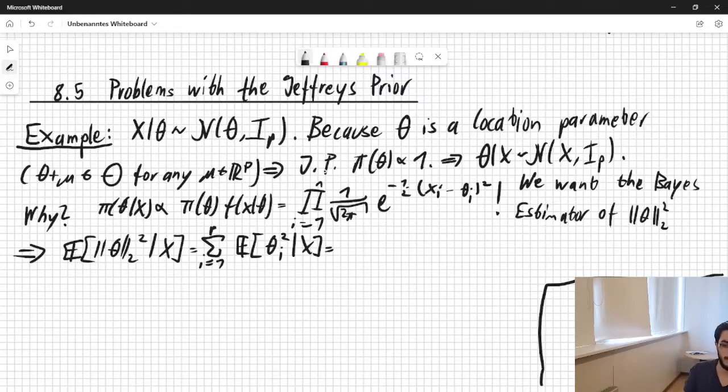And we can also simplify this as the sum of theta i.